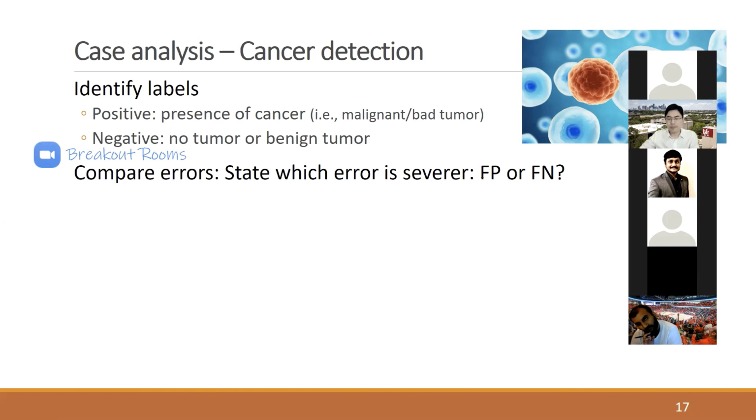So think about it. First, try to describe what a false positive error is and what a false negative error is in this case.